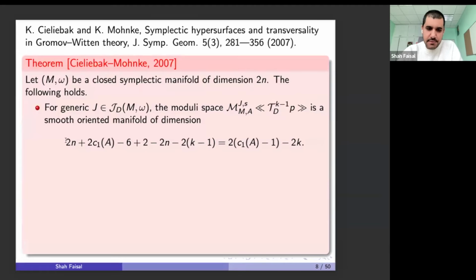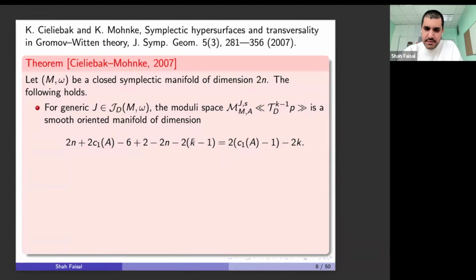So what is this number? If I don't have any constraint on the moduli space, then this will be the dimension of the moduli space. Now I add a marked point that increases the dimension by 2, but then I ask that marked point to pass through this fixed point P, which reduces the dimension by 2n. And then there is this constraint on the derivative that reduces the index by this.